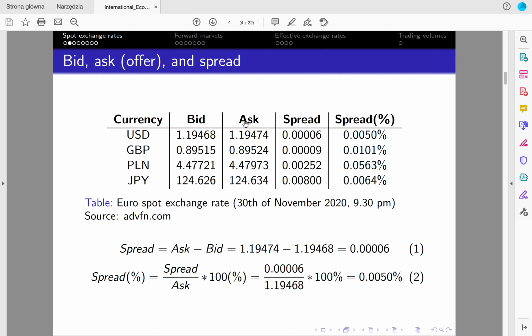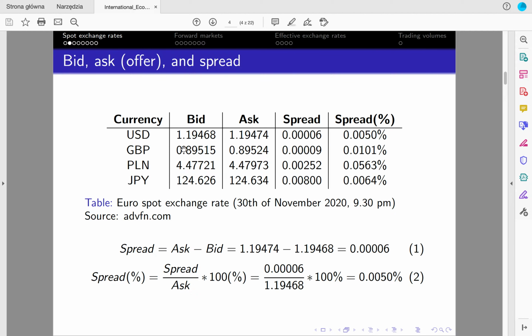Okay. So for example, here we see that if you want to buy 1 euro, you need to pay approximately $1.19.